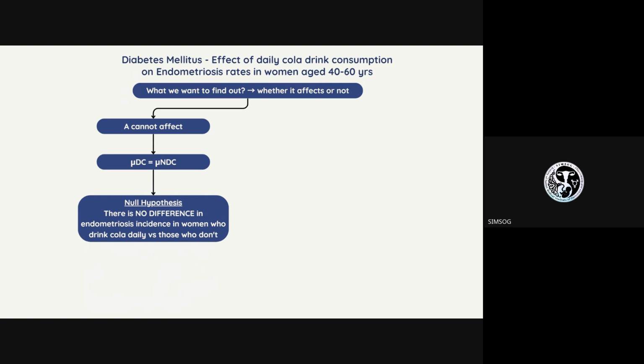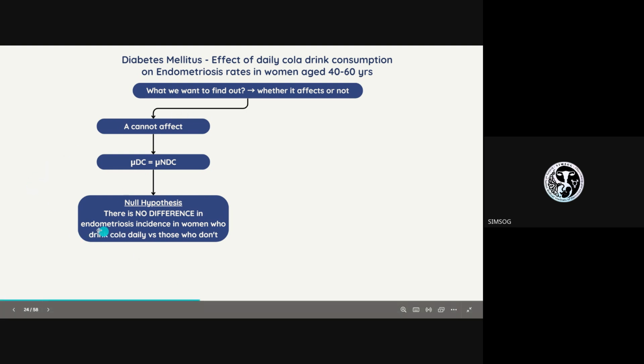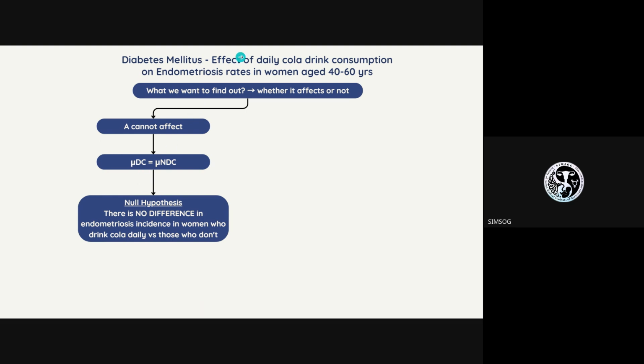But let's say I want to conduct a study related to the effect of daily cola consumption on gestational diabetes mellitus rates. Sorry for the typos. Okay, we want to find out whether cola drink affects GDM.